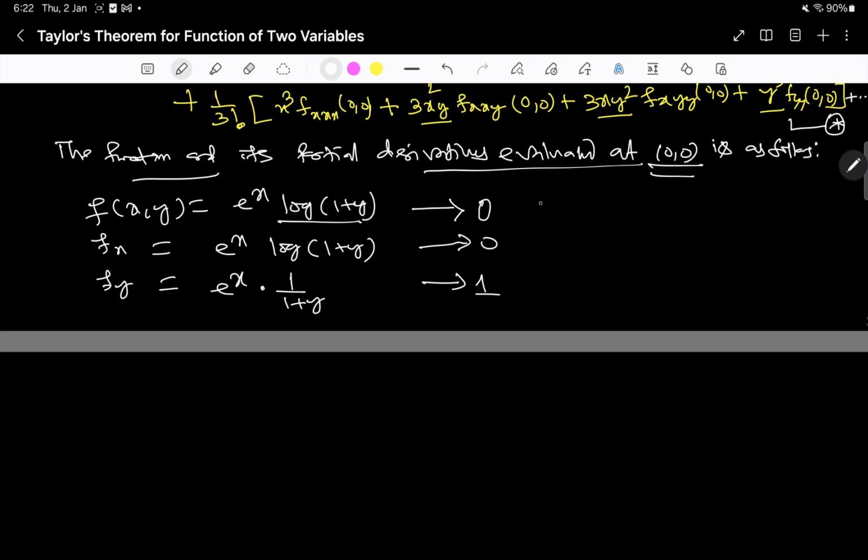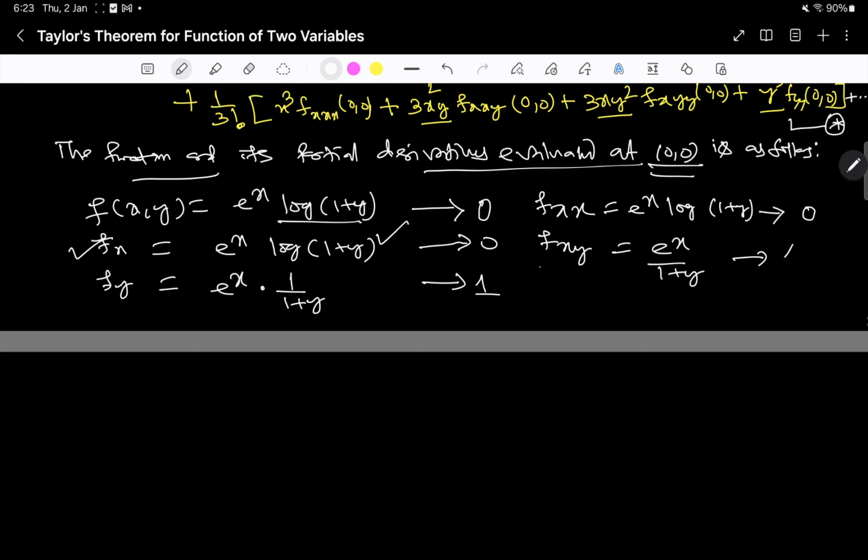Then fxx is e^x log(1+y), and this value will be log 1, which is 0. Then fxy, that is fx with respect to y, will be e^x/(1+y), and this is 1.